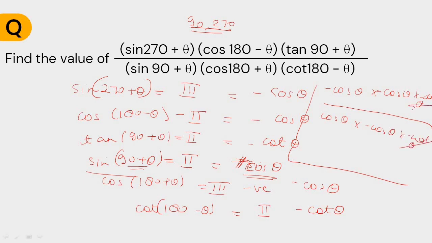Minus cot theta with minus cot theta, minus cos theta with minus cos theta, and cos theta with cos theta cancel, and what remains is minus 1. So the value of this expression is minus 1.